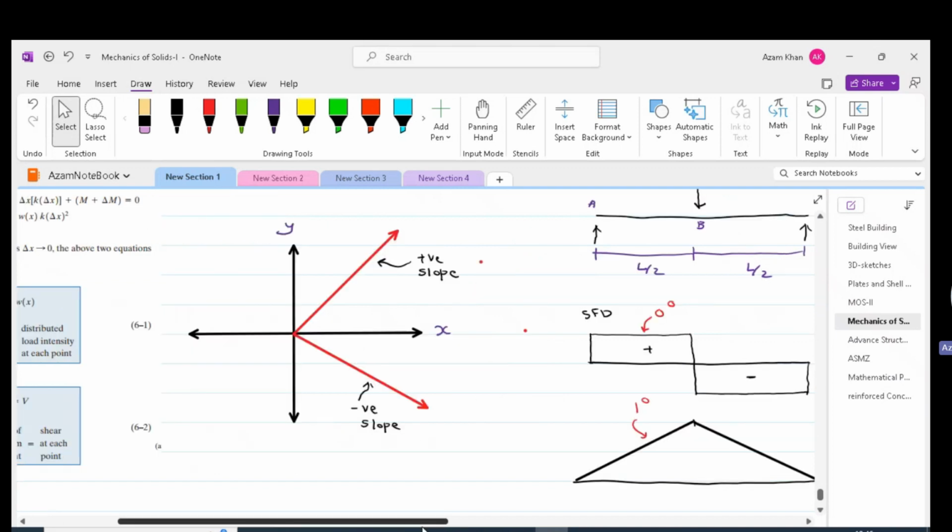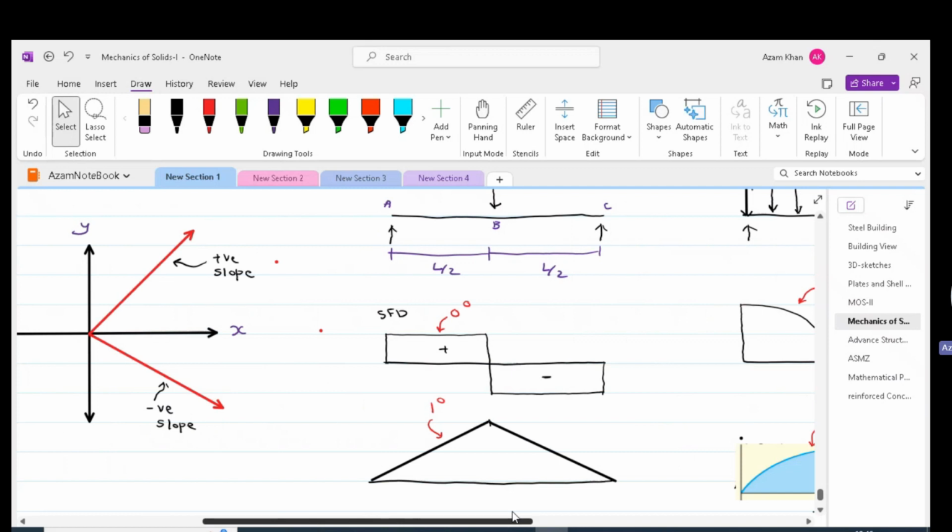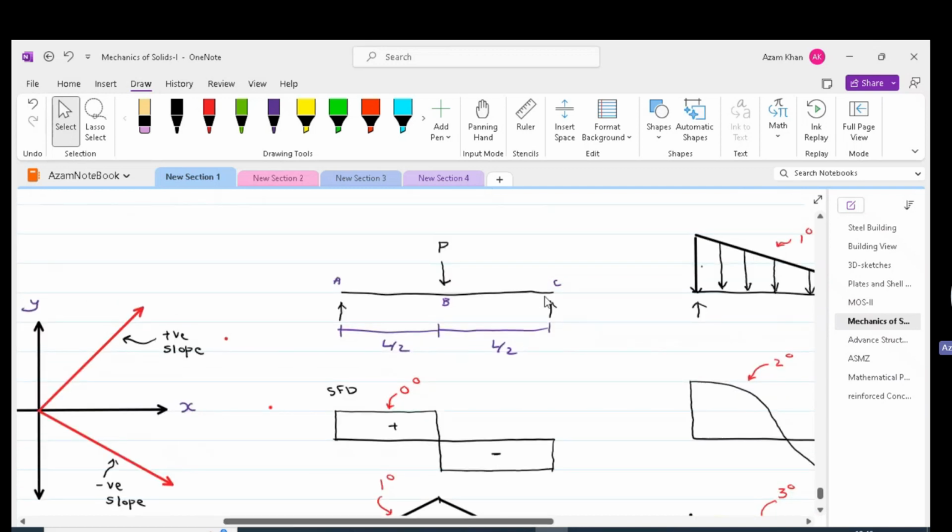Now let us apply these concepts on a simple problem of a simply supported beam subjected to a concentrated load at point B, which is the midspan. So after applying equilibrium, we'll find out that the reaction at A is P by 2 and similarly the reaction at C is P by 2. So we have at A a positive shear force.